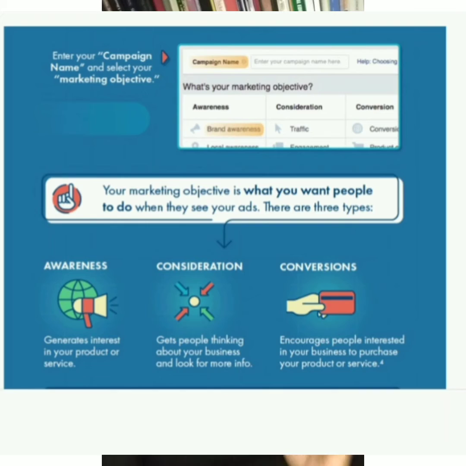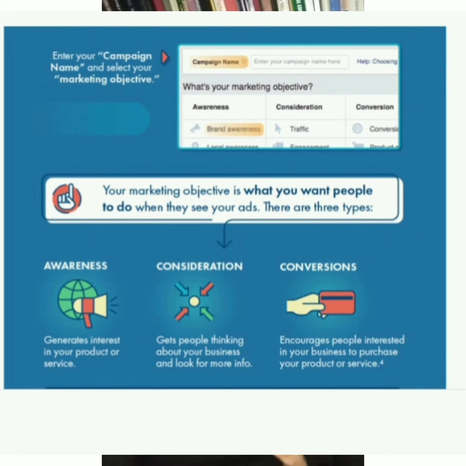Here you want people to be interested in your business to the point that they really want to buy your product or service. So whether your advertising is for awareness, for consideration, or for conversion, you can quickly set this up on Facebook. But the first thing is to determine what your objective is as far as your marketing campaign is concerned.